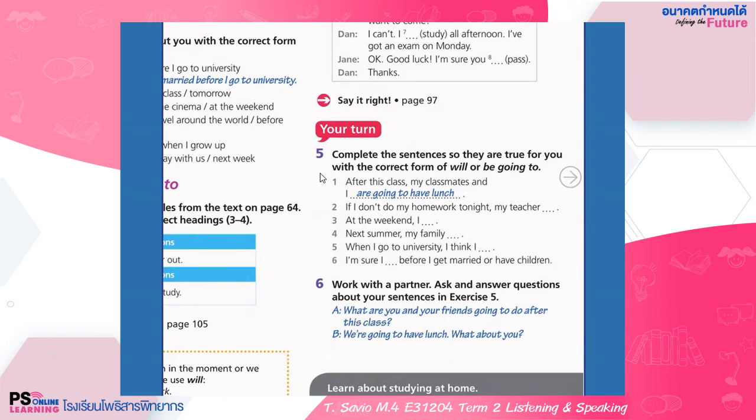Exercise 5. Your turn. Complete the sentences so they are true for you with the correct form of will or be going to. This you can do in your notebook, students. After this class, my classmates and I are going to have lunch. So students, you can complete these sentences in your notebook. Exercise 6. Work with a partner.